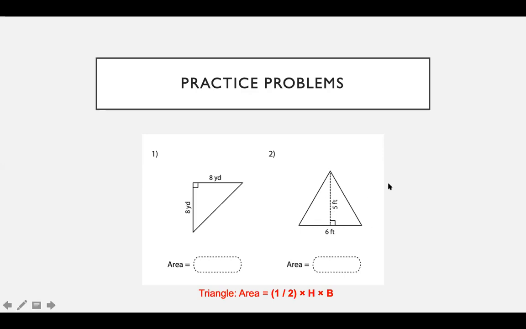So for this triangle, you would do 1/2 times the height, which right here we're given is 5, times the base, which right here we're given is 6.